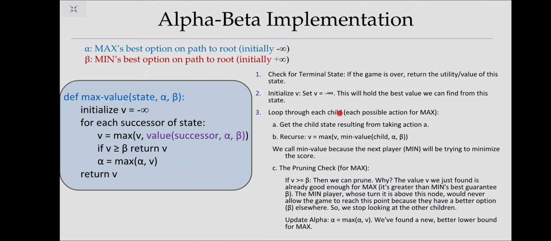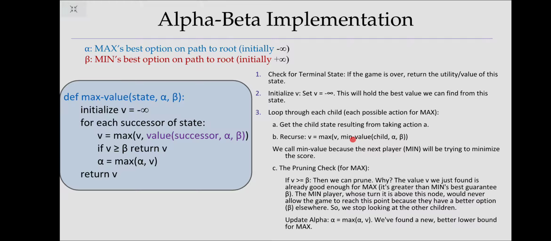Because we focus on the max player in this slide, we know that all of the children are min. Because of that, we define a loop over the different actions. With respect to any action, we access a child.